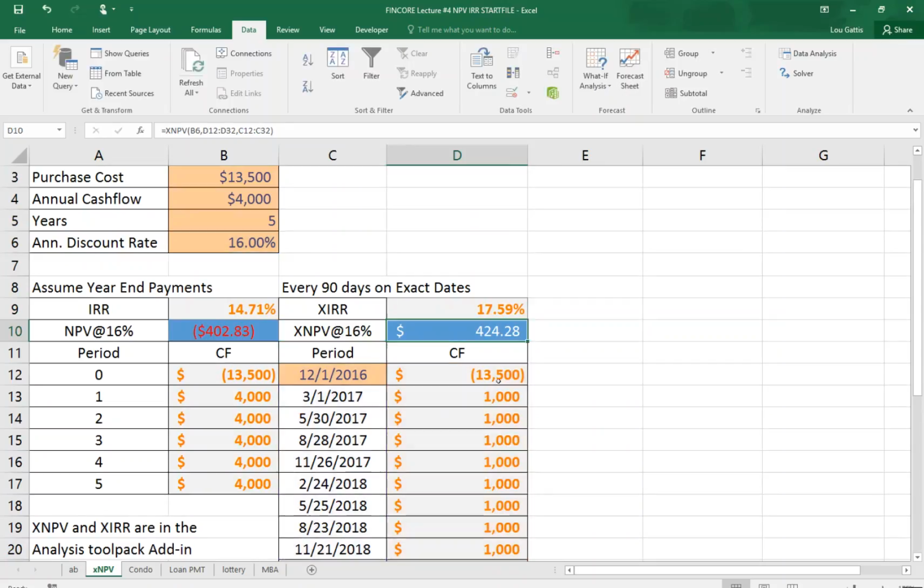If we use the actual date timing, we actually create value of $424. So this is the danger of assuming annual payments. If you do have a project that's on the edge between accepting and rejecting, you might want to figure in the actual payment dates and then calculate the XIRR and XNPV.